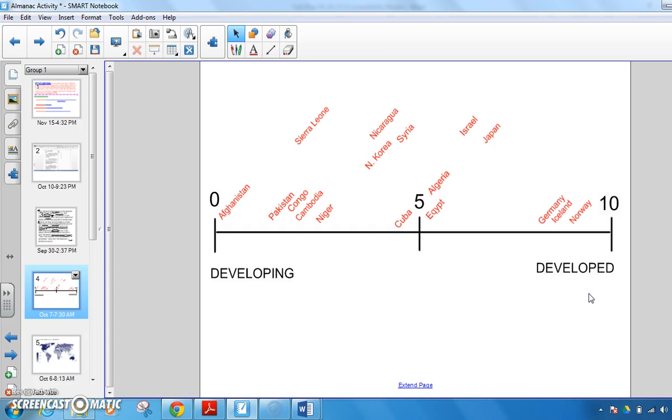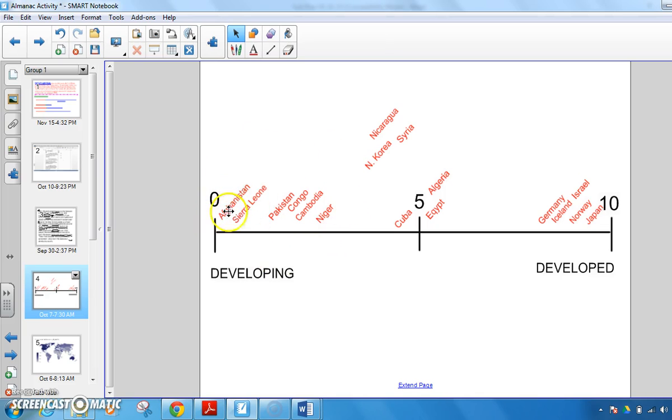And I want you to notice that that's this. I don't want you to think of developed and developing as just a 0 and a 10, but actually a 0 to a 10. That some countries like Japan are incredibly rich, or Israel's that maybe I would put at more of like a 9 or an 8 here, to the Sierra Leones of the world, or the Afghanistans that are the 1s and the 2s.